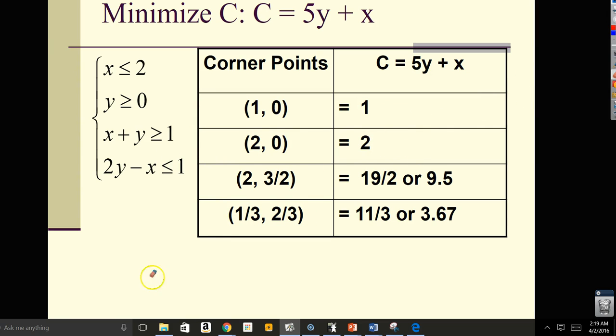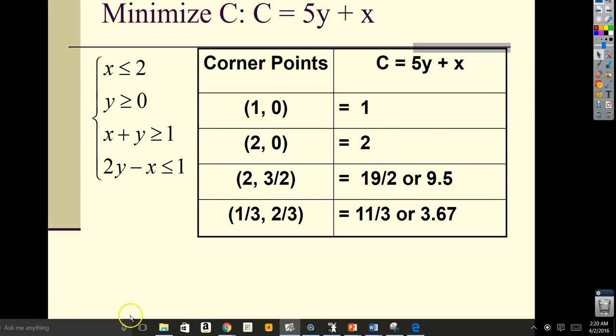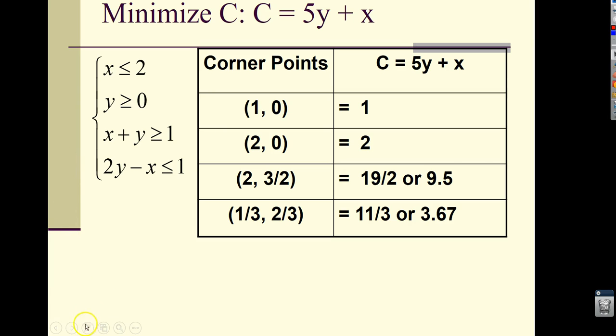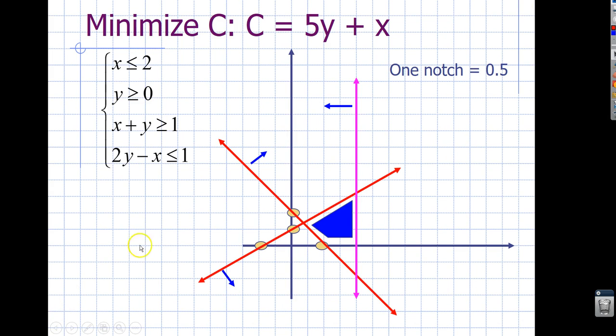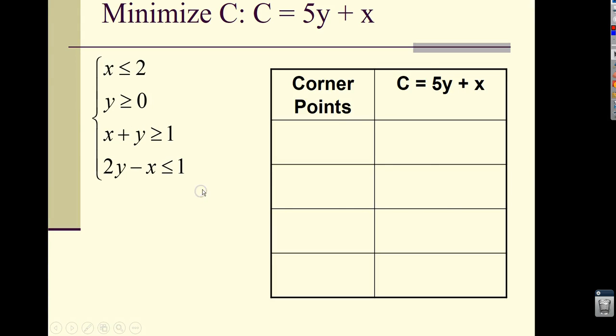The way that you find these corners, they don't just magically appear, and when they're not exact, then you have to find the intersections like we did the last time. How I showed you, you can RREF it, or you can use substitution and elimination. So if you don't understand that part, just ask in class.